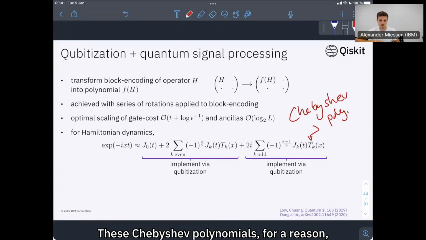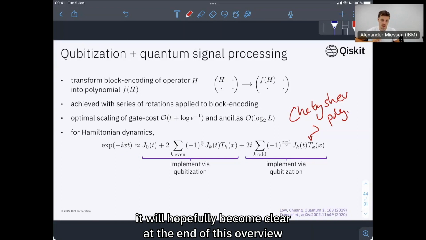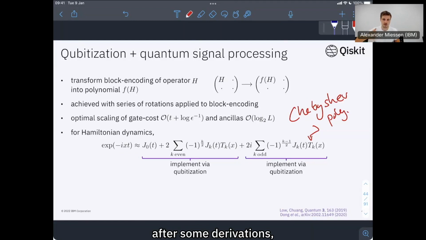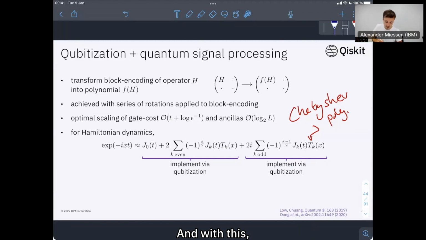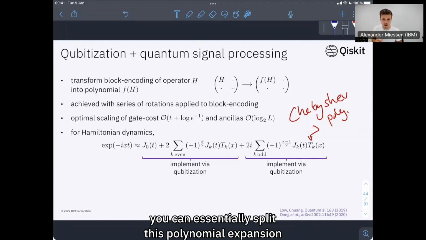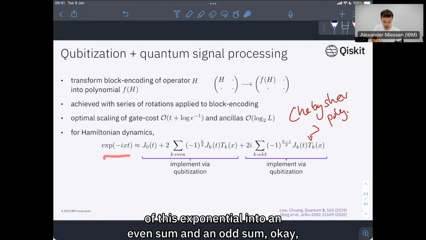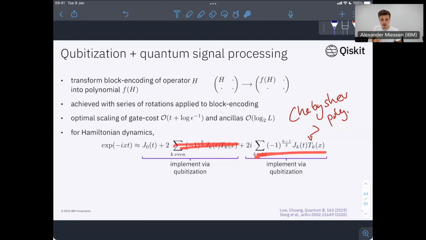These Chebyshev polynomials, for a reason that will hopefully become clear at the end of this overview after some derivations, and also these Bessel functions here, okay? And with this, you can essentially split this polynomial expansion of this exponential into an even sum and an odd sum, okay?